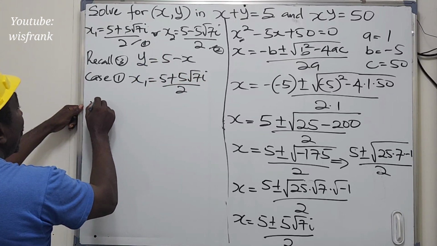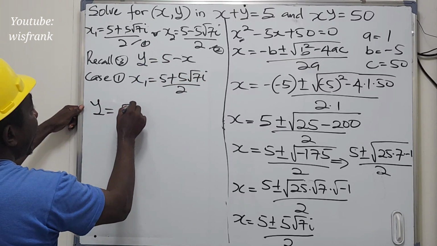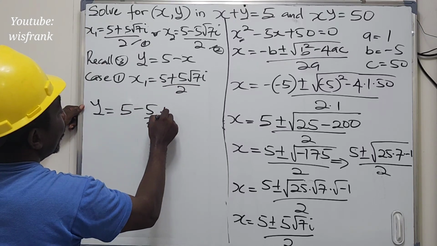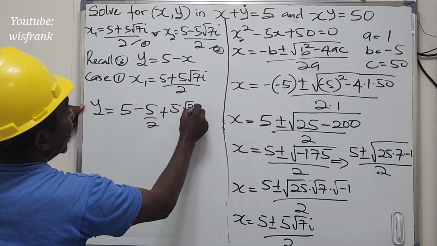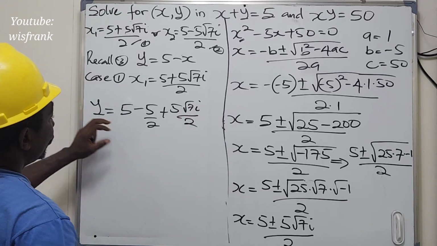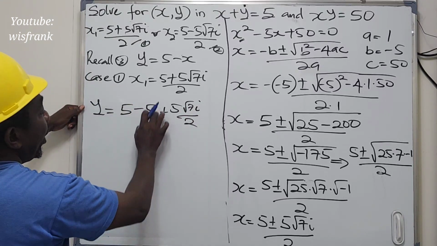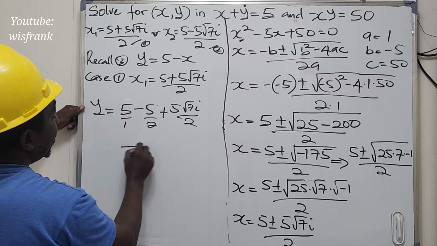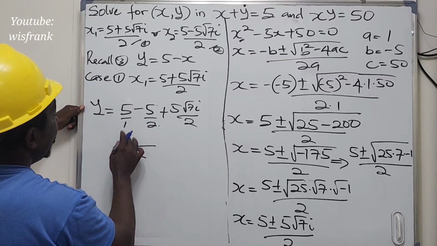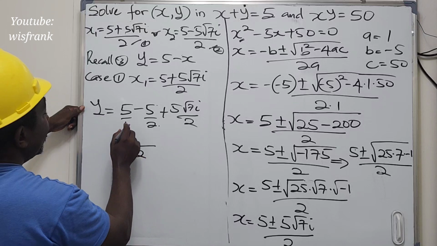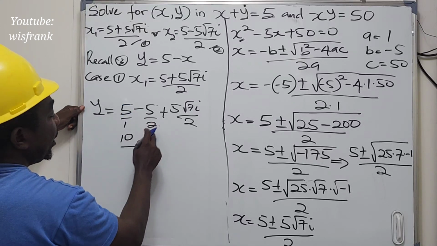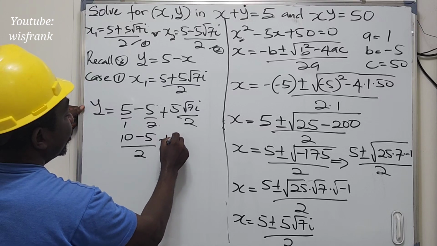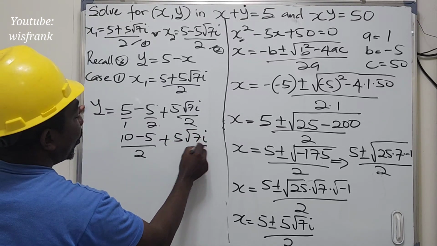So we have that our y will be equal to 5 minus 5 all over 2 plus 5 root 7i all over 2. We can evaluate this by having 5 all over 1, so the LCM is 2. 2 times 5 is 10, then 1 times 5 is minus 5, then we have plus 5 root 7i all over 2.